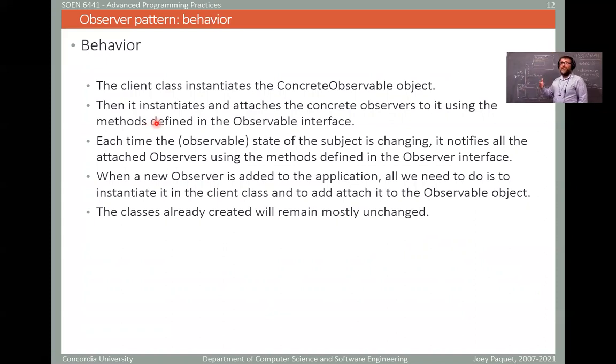Then forever after this observer has been attached to this subject, anytime the subject changes its state, it will notify any observer that has been attached to it. Okay. Then these observers will be able to interrogate the state of their connected subject, and then update their own state accordingly, or perform some actions according to what the new state is.